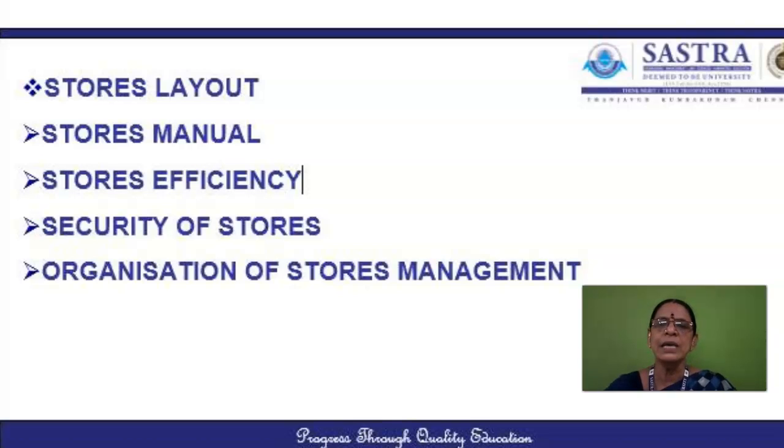The costly items might require closed shelves, which may be kept under lock and key and should be placed where proper control can be exercised by the storekeeper and general entry by all is restricted. The fragile materials may be carefully stored. The materials which are inflammable are to be kept away from the general stores.